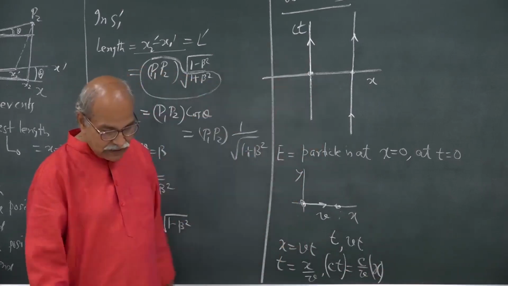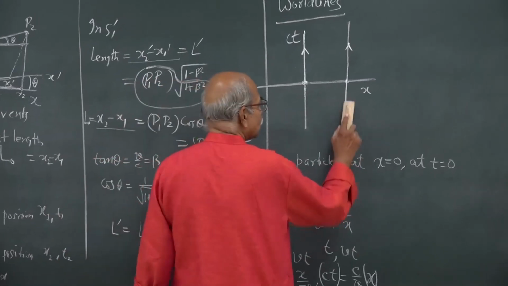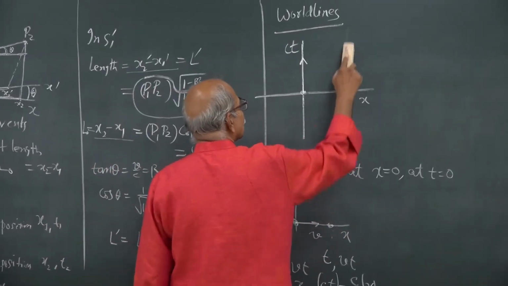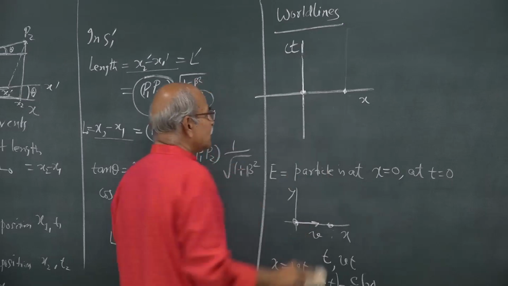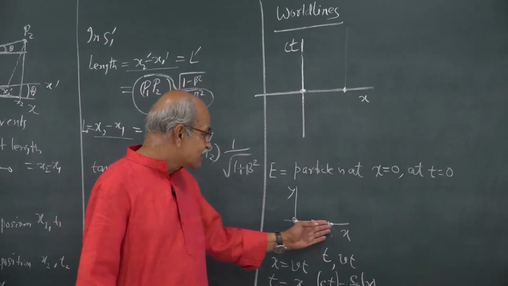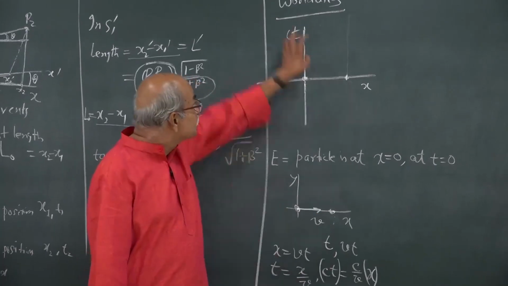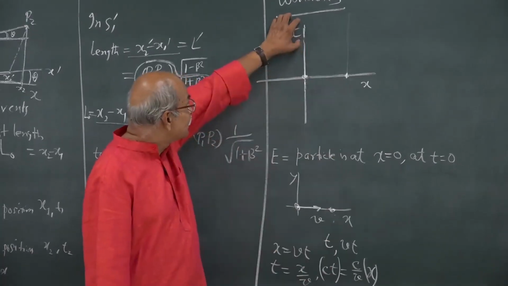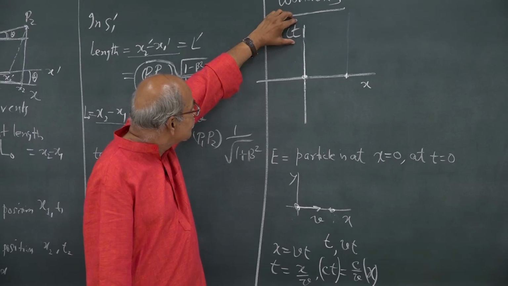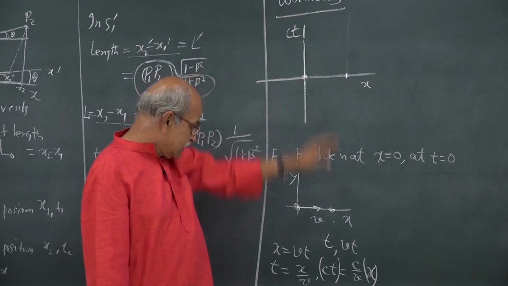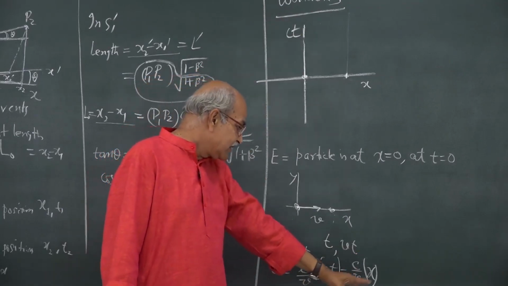Therefore, on this Minkowski diagram, if you try to draw the world line of this particle which is moving on the x axis with a velocity v, it will be this. Your ct is on the y axis, and this quantity here is equal to c by v times x.